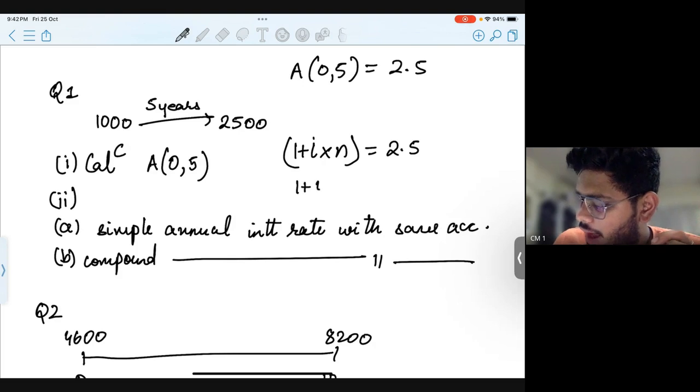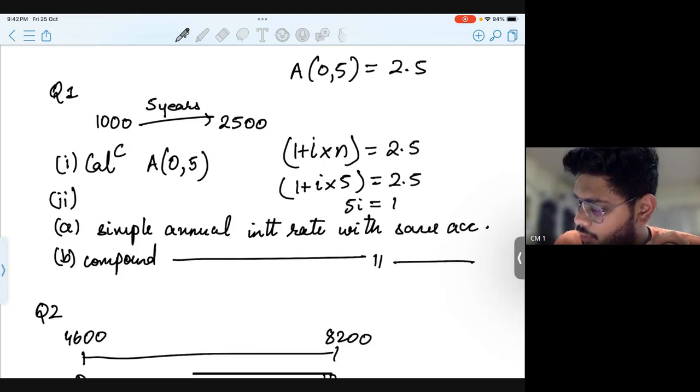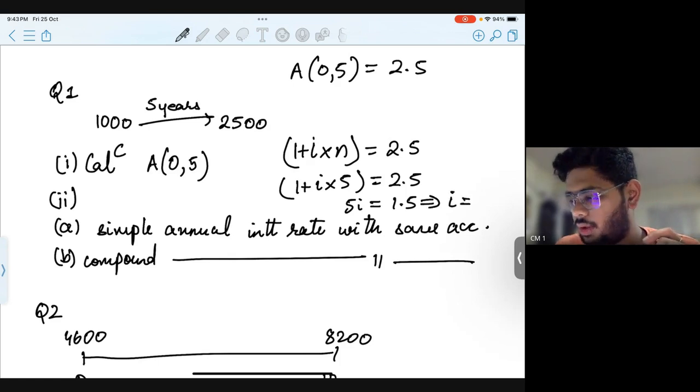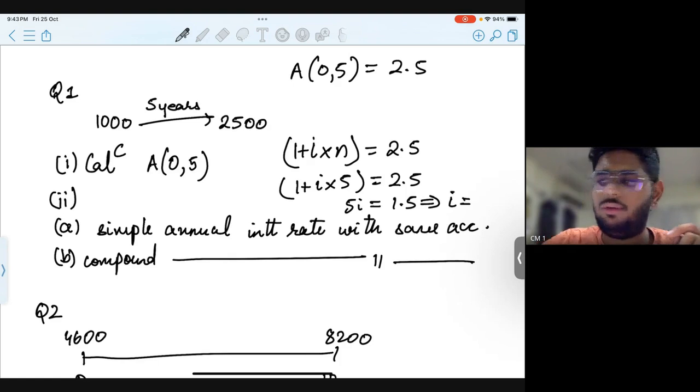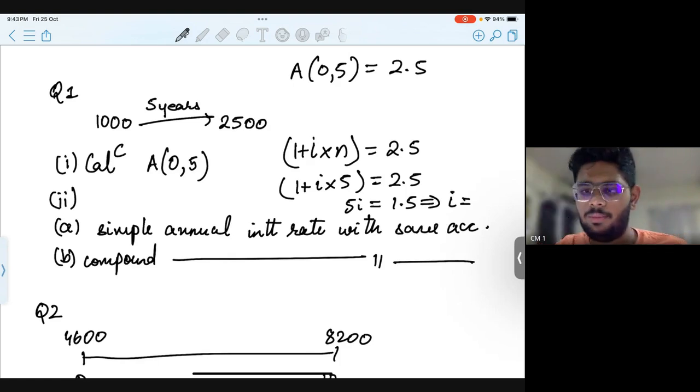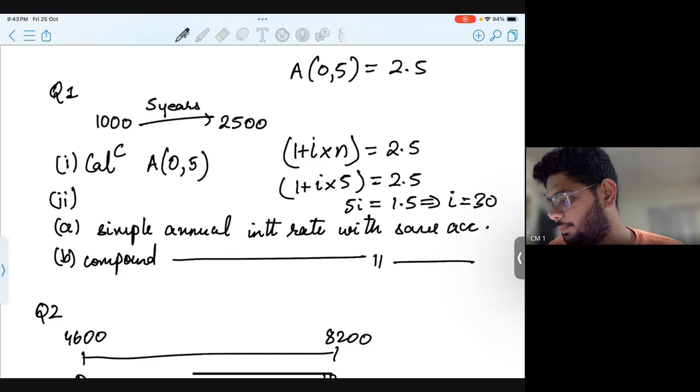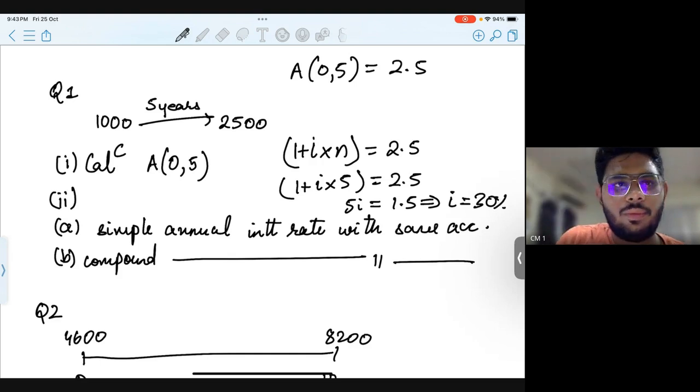So 1 plus i into 5 should be equal to 2.5, which means 5i is equal to 1.5, which implies i is equal to 1.5 divided by 5, which is equal to 0.3, or 30%. Is this fine?